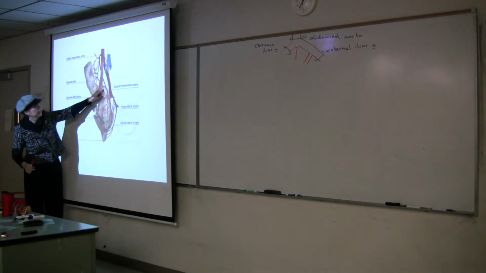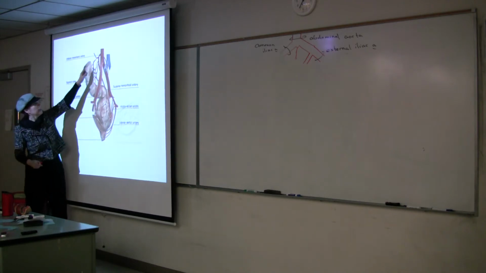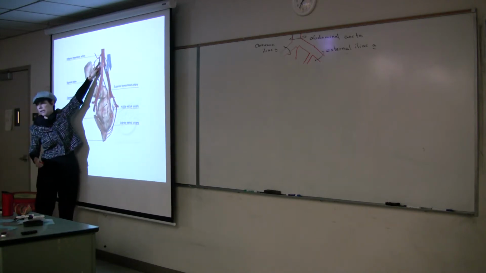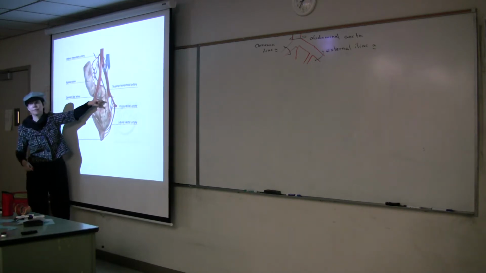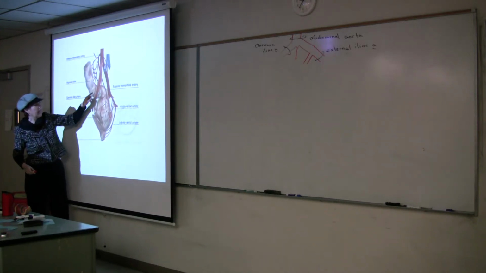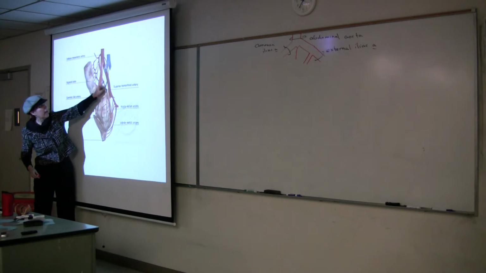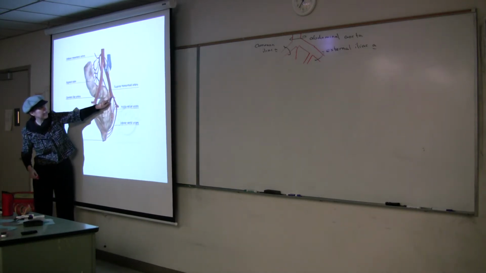And here's the sigmoid colon and rectum. Here would be the inferior mesenteric artery, giving its superior rectal branch to the top. It's called superior hemorrhoidal, but it's really a superior rectal artery, to the top of the rectum. And here is the common iliac, giving rise to internal iliac and external iliac.